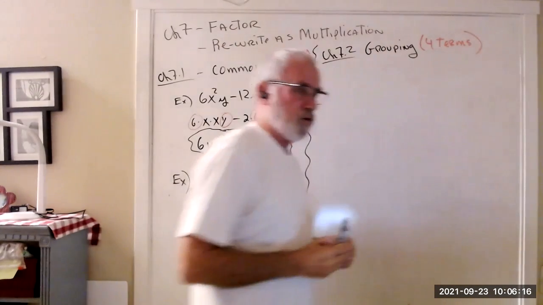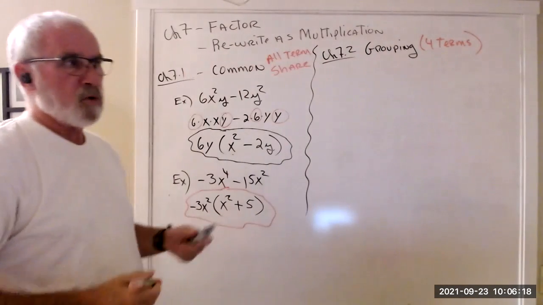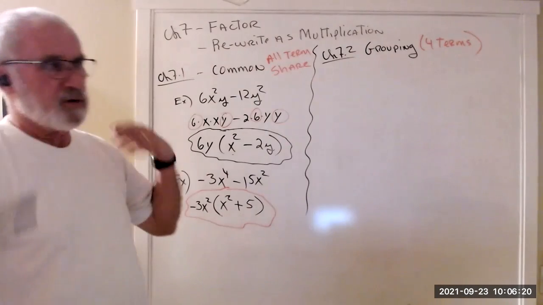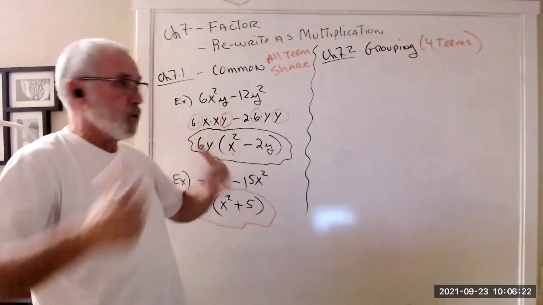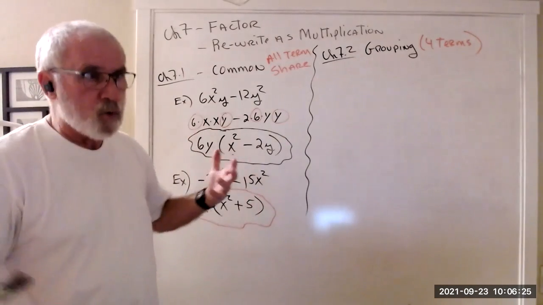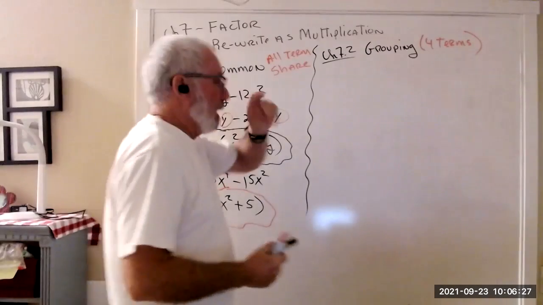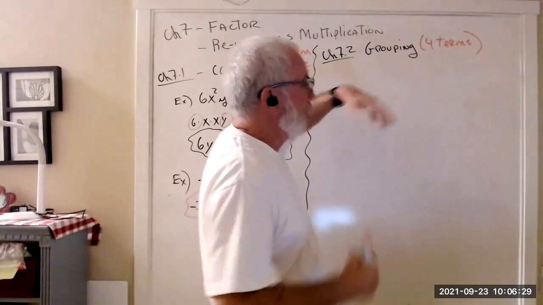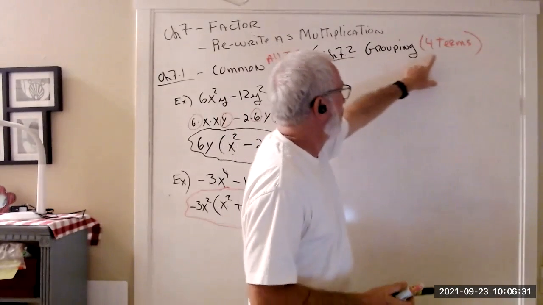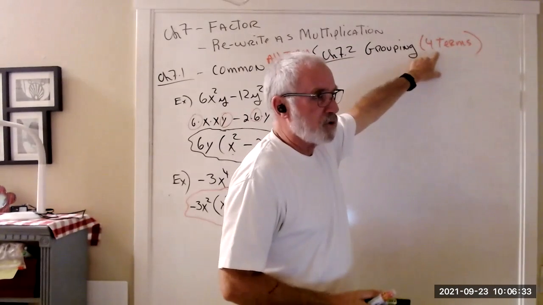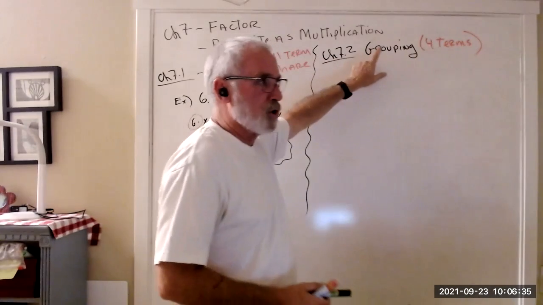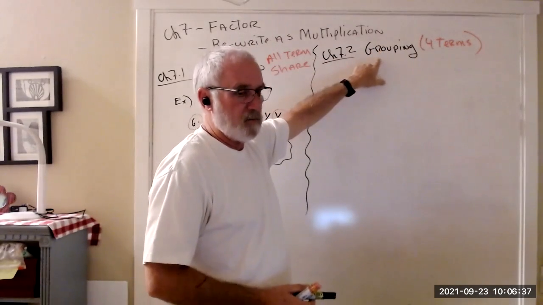Okay, we'll talk more tonight about, when we have all these kinds of factorings, what do you do? How do you know what to do? Well, I'll give you more hints later tonight or more checks, but if you have 4 terms, the chances are really good you're going to use the grouping technique.